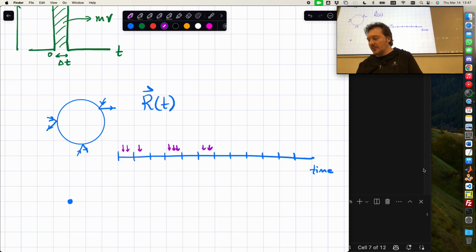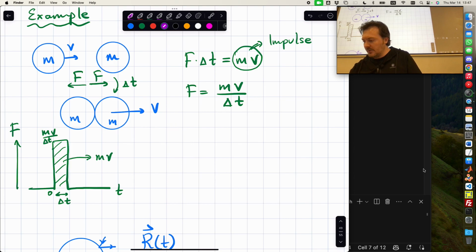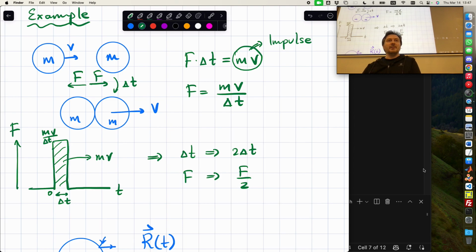But the whole thing that we are doing today is to show you, for example, what we learned here. We learned that if I take delta t to 2 delta t, then the force in our model goes to F over 2. Do you see? Weird, right?